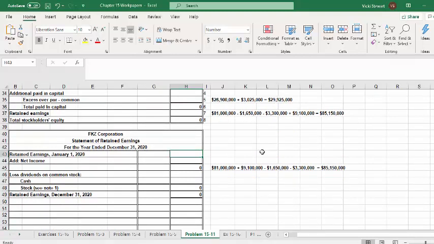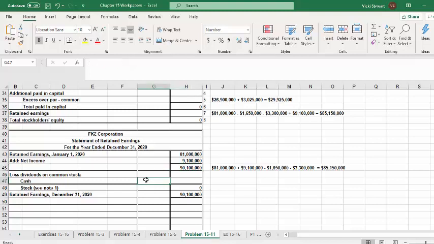Next, we're going to complete the statement of retained earnings for FKZ Corporation as of December 31st, 2020. The problem gave us the beginning balance in retained earnings of $81 million. It also told us that they had net income of $9,100,000, which we will add to that.